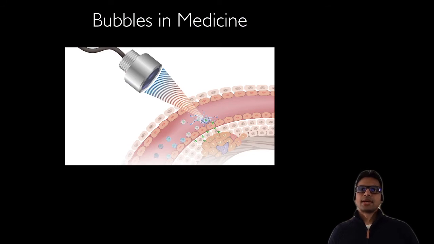So the idea here is to subject a bubble to an ultrasonic wave of some adequate frequency, and this frequency allows this bubble to collapse into daughter bubbles and release secondary shock waves in the process.